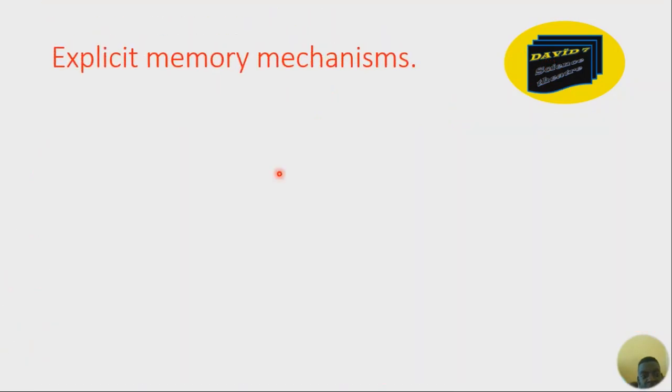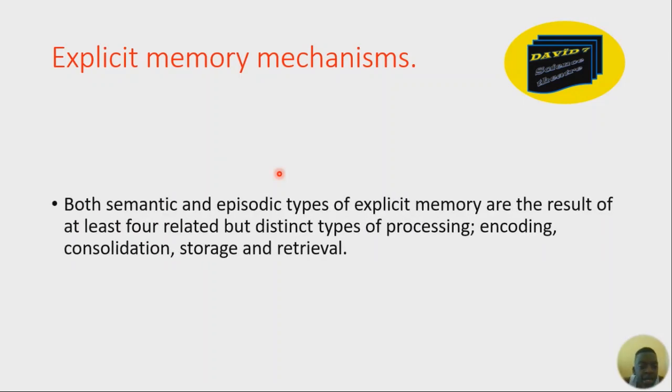So let's talk about the molecular basis of explicit memory. We talked about how explicit memory can be semantic or episodic. Both semantic and episodic types of explicit memory are the result of at least four related but distinct types of processing. These include encoding, consolidation, storage, and retrieval.